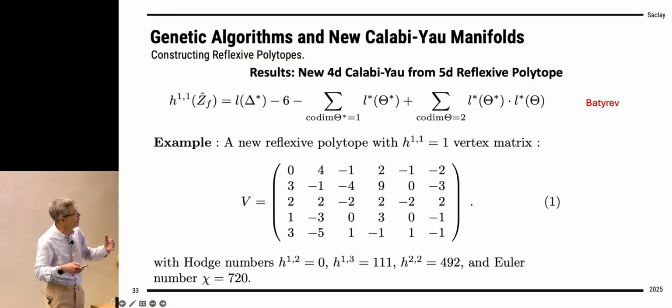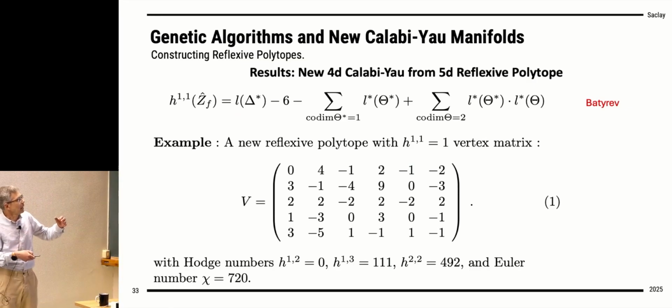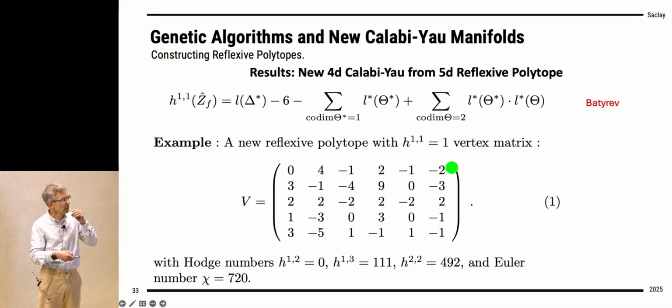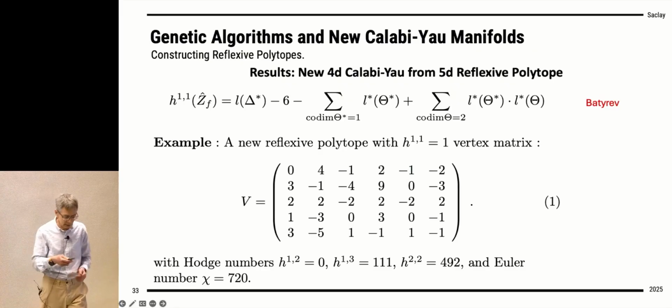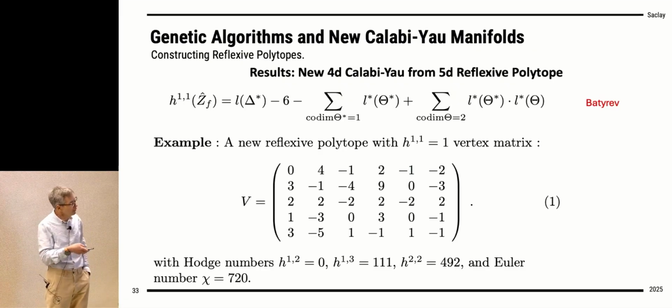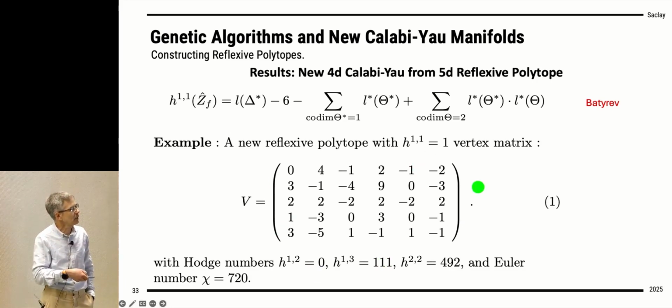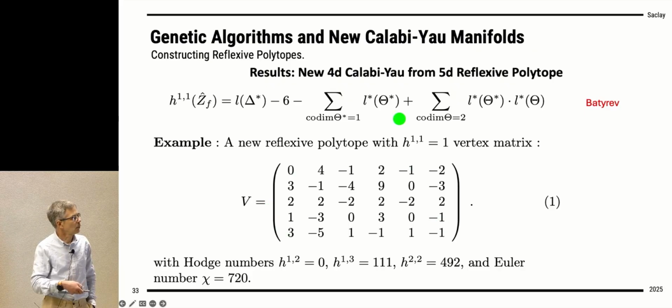The question is now, if we've constructed a new polytope, what are the topological numbers that are relevant for the physics that we in principle are interested in? So this is just an example to show that here is a polytope that was not known before. That's been a partial classification, but this was a polytope that wasn't known before. Okay, so this just shows that this method works.